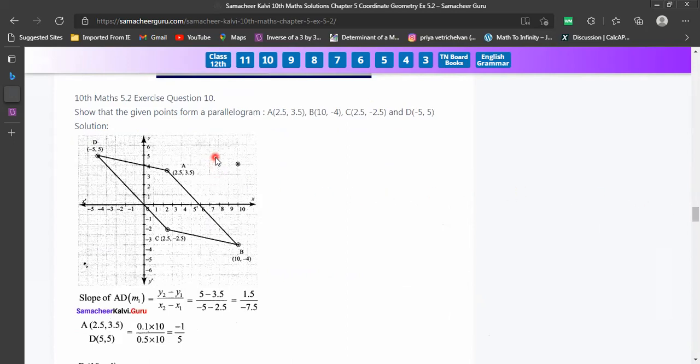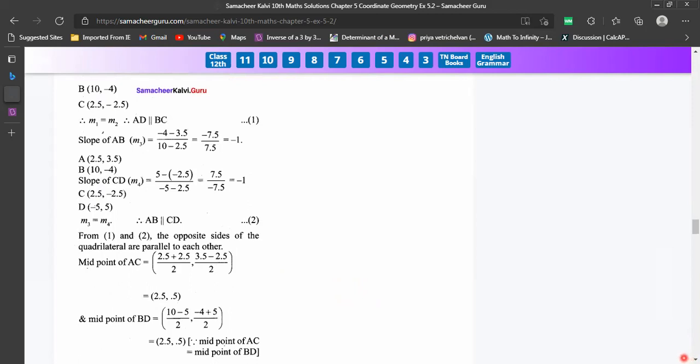Show that the given points form a parallelogram. They gave you 4 points and they are asking us to find whether it forms a parallelogram. They have drawn the parallelogram already. To be a parallelogram, the slopes M1 and M2, M3 and M4 should be equal.